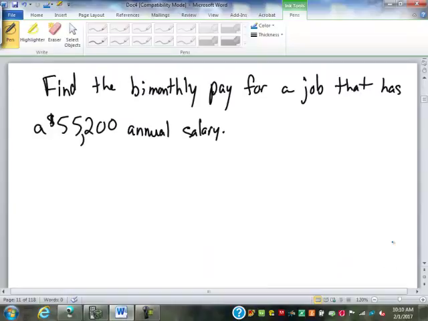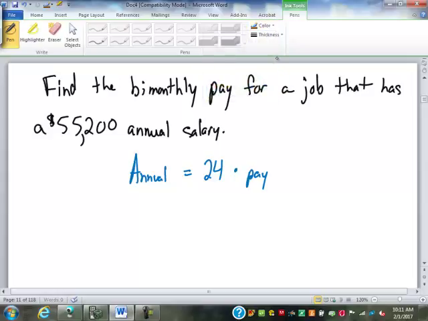So here's another one where you look at it and you just say, oh, I take 55,200 divided by 24, because you know there's 24 pay periods in a year for bi-monthly pay. To write an equation for this, you would say that the annual salary is equal to 24 times each pay period, or each payment.